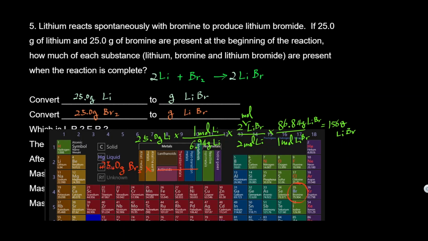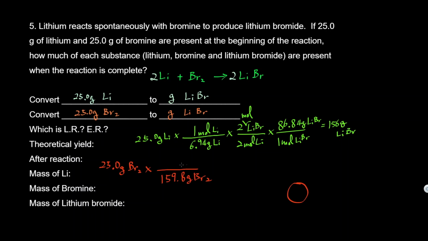So 79.9 times 2 gives me 159.8. So 159.8 grams of Br2 is 1 mole of Br2. Okay, so grams cancel. I didn't show canceling, but you get the idea.